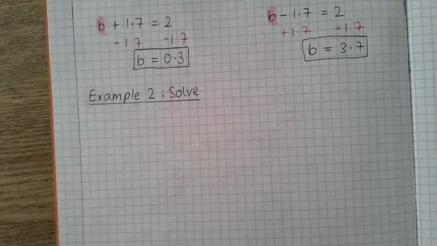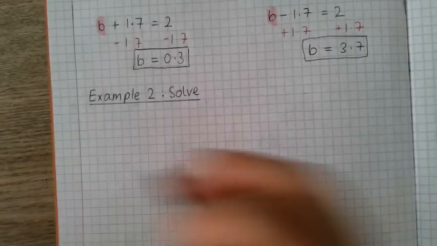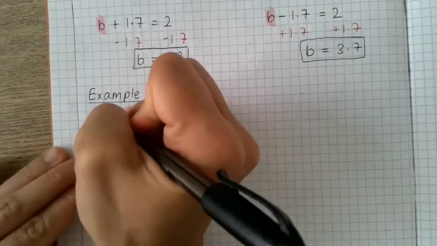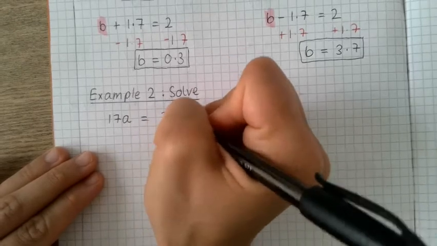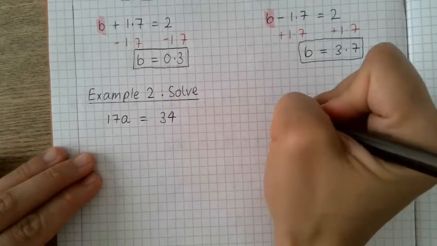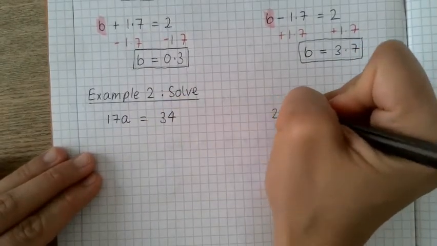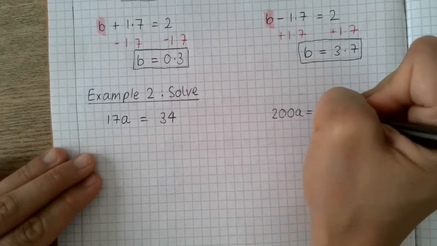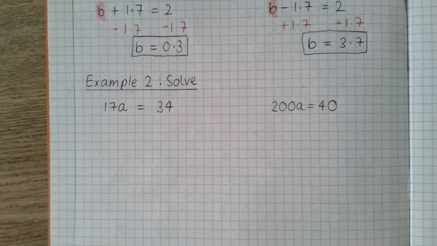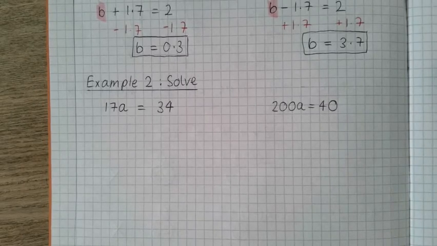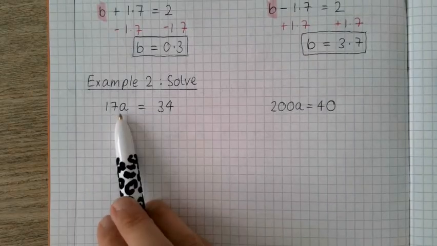So, example 2, we're going to have 17a equals 34 as our first example, and 200a equals 40. So, you don't see any additions or subtractions in these ones, and that's because they don't have additions and subtractions in. These problems contain multiplications, don't they?